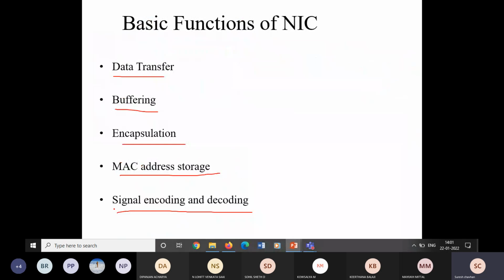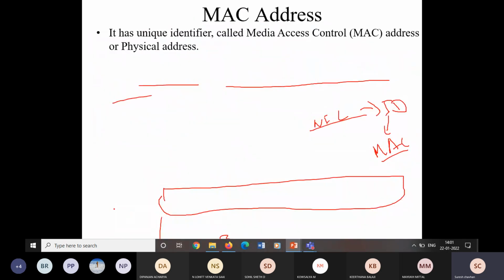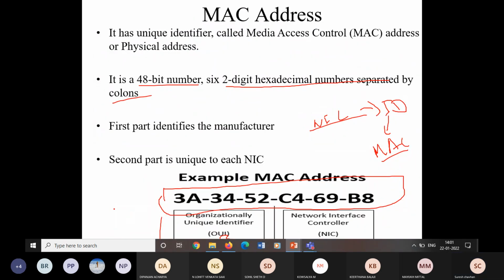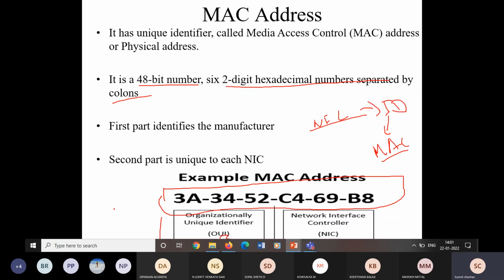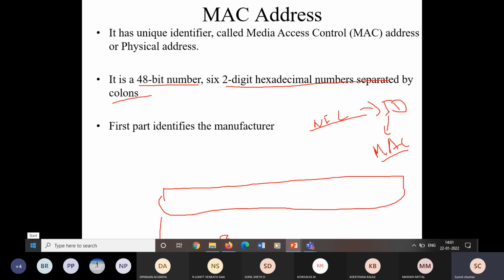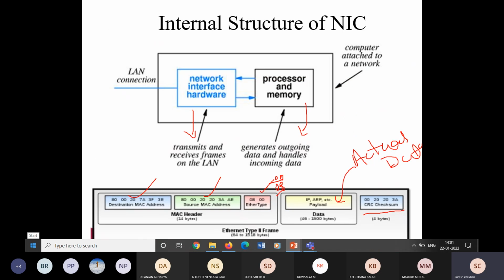Network interface cards, we have seen their basic functionalities and working, and the MAC address, right? Till here we were seeing the complete network interface card, the internal structure, what all will be there, and how the frame will be formed using the source MAC address and destination MAC address, and then we send this complete data through the Ethernet, right?